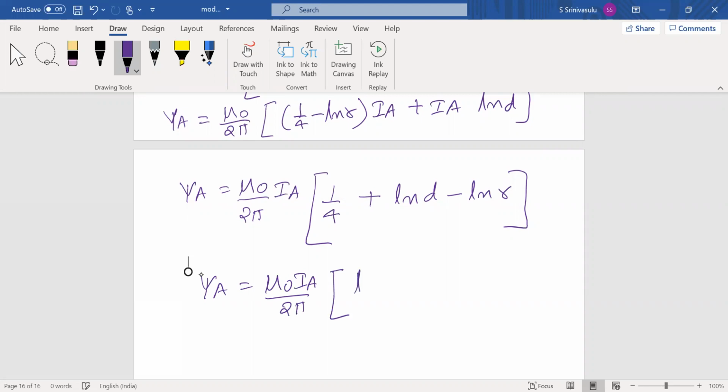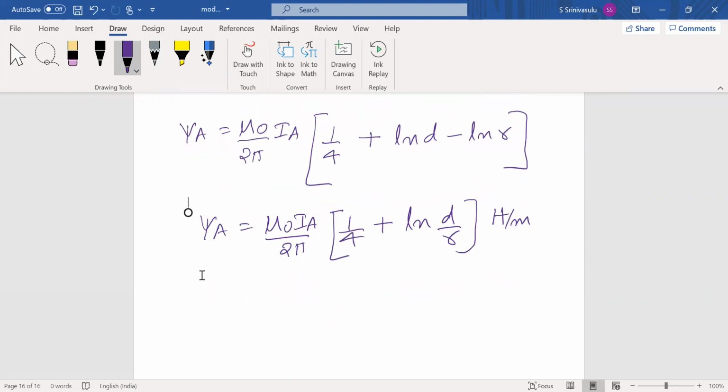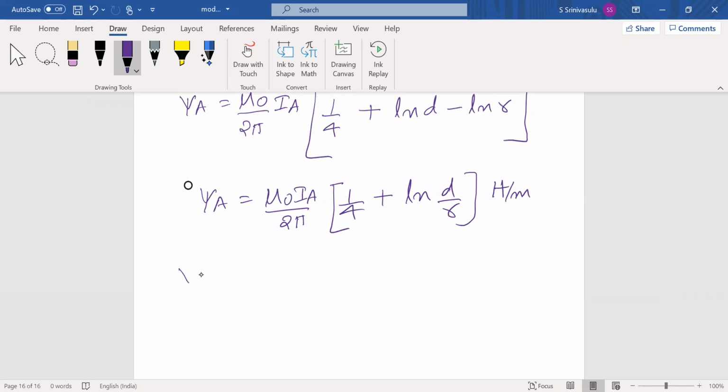Instead of 1 by 4 we can write ln of e to the 1 by 4, or write 1 by 4 as it is, and log a minus log b is log a by b. The unit is Henry per meter; all are in Henry per meter. Okay, this is psi a, we got it.